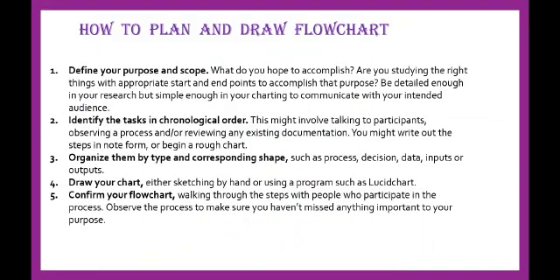Next, how to plan and draw a basic flowchart. So first, define your purpose and scope. Defining your purpose and scope means, a flowchart usually displays the sequence of the activities in a process, and who is responsible for those activities.